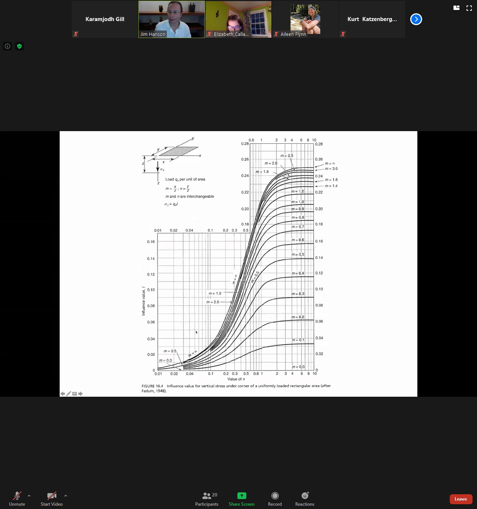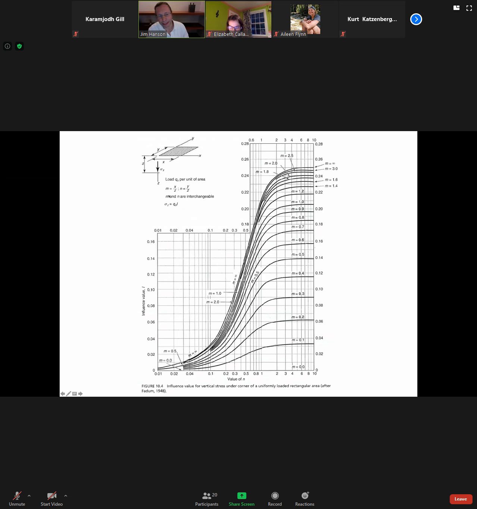I presume that's still showing. I changed to presentation mode so you see it a little larger. So this will be called the M and N chart. And what we're going to do here is define M as being X over Z. For our purposes, we could say B over Z. And N is Y over Z or L over Z.